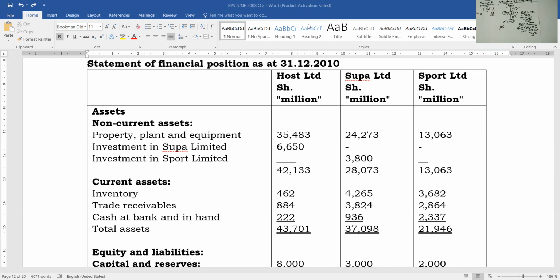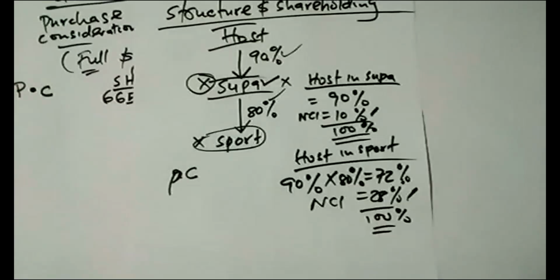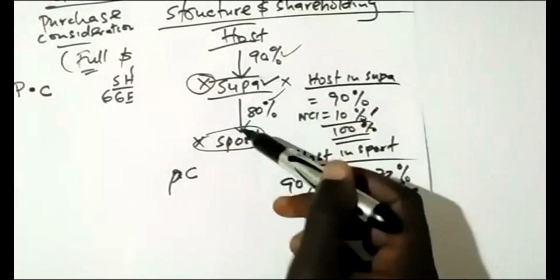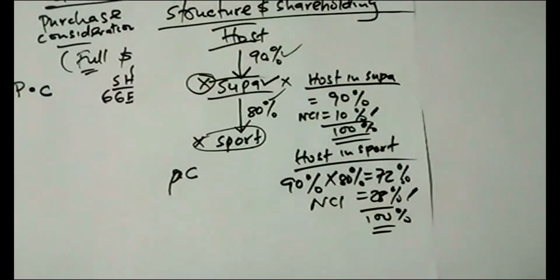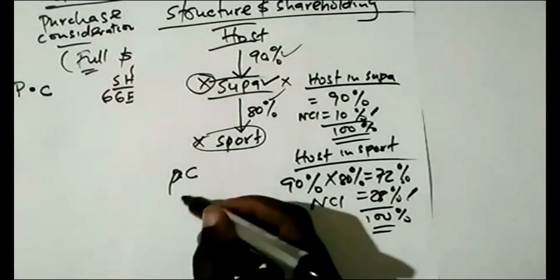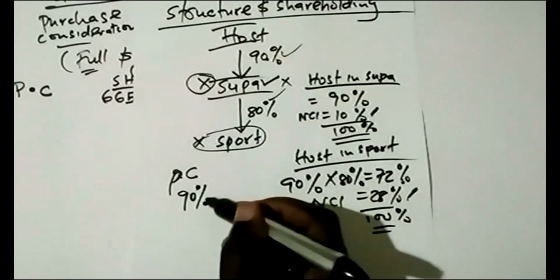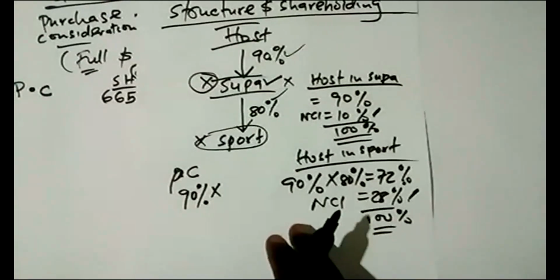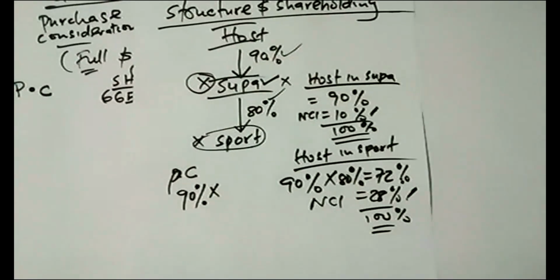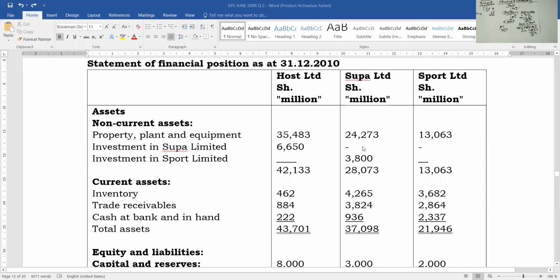That is why I was interpreting this structure. So in order now to get the purchase consideration, you need to take 90% of that investment, because it was not a direct investment. It was an indirect investment through Super. That is why the investment is under the column of Super.